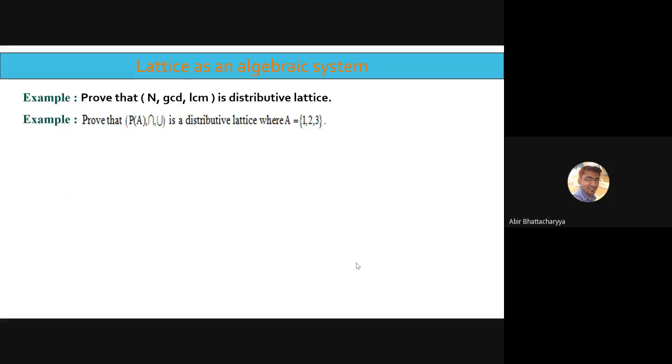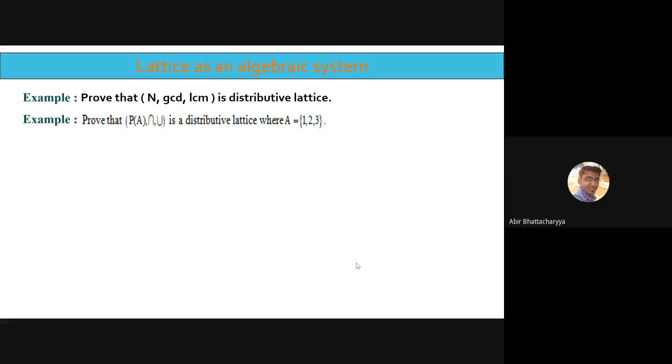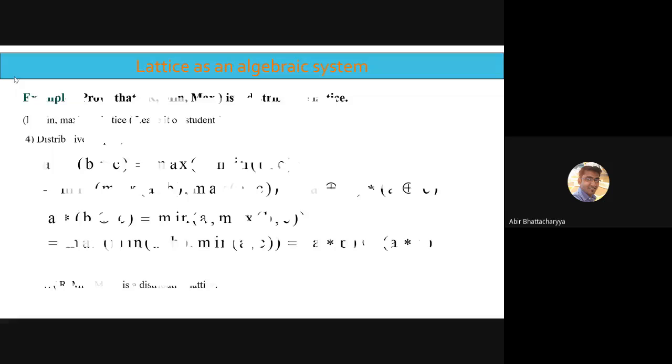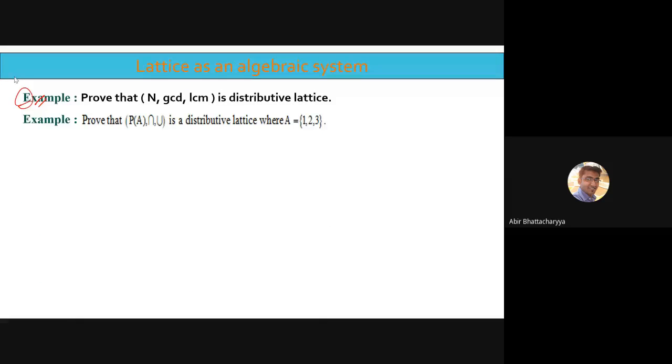Similarly, you can prove this one also, the natural numbers with GCD and LCM. Now your task is to do this one and write down the statement on the chat box. I will give you 5 minutes. Like this one, which is the distributive property of minimum and maximum, do similar stuff for the natural numbers with GCD and LCM.